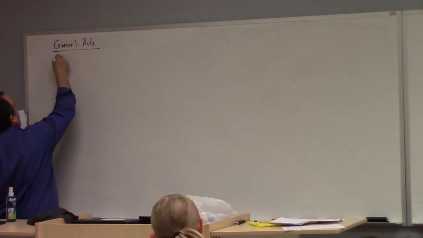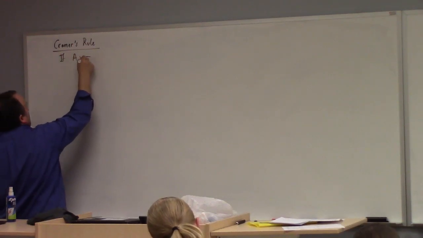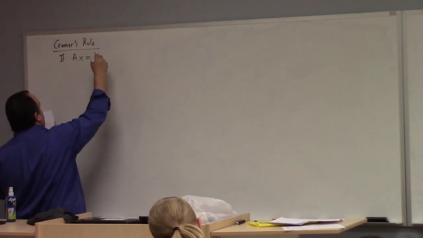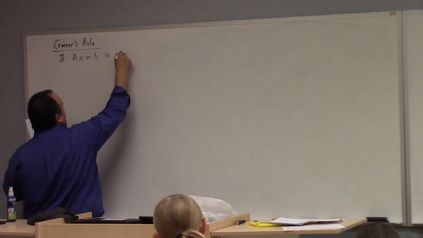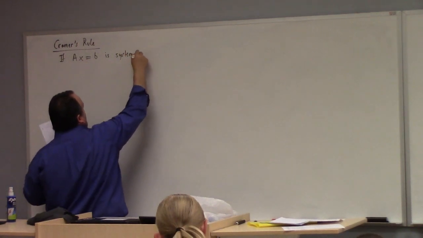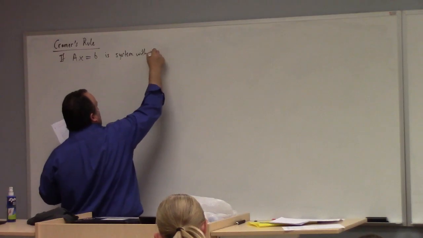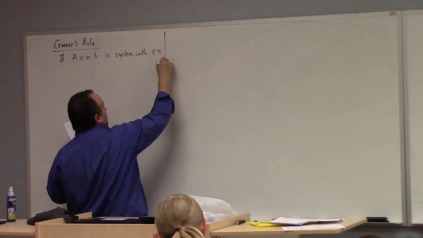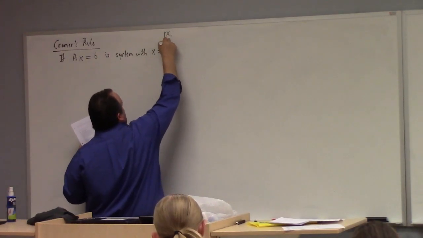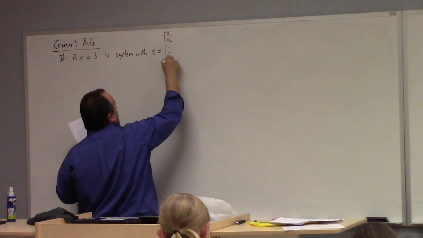So if AX equals B is a system with, let's say, X equals, I'll write it as a column for once in my life, X1, X2, Xn, all right?